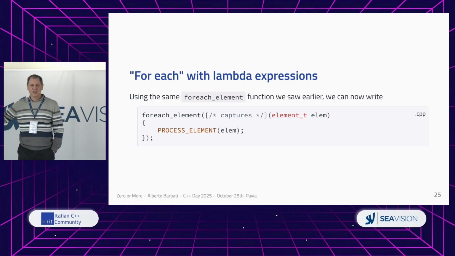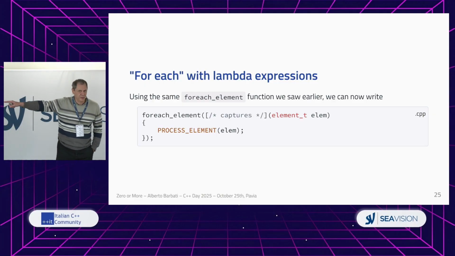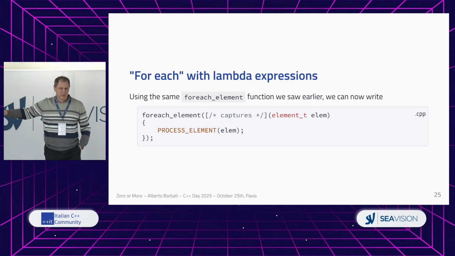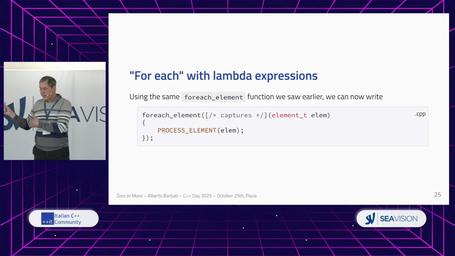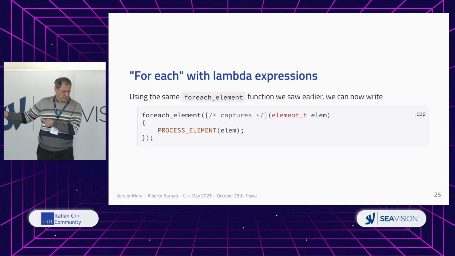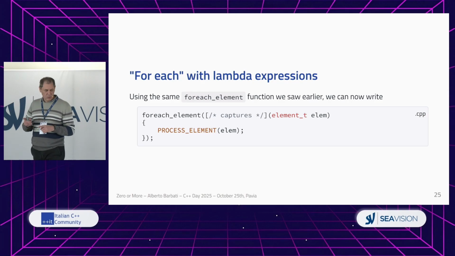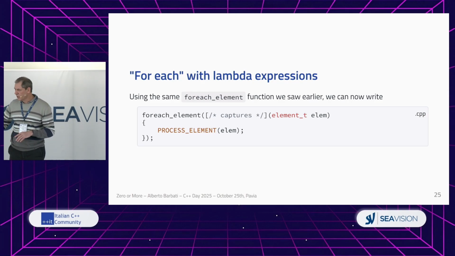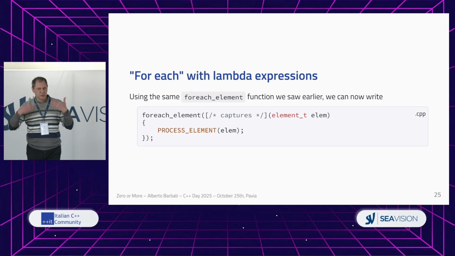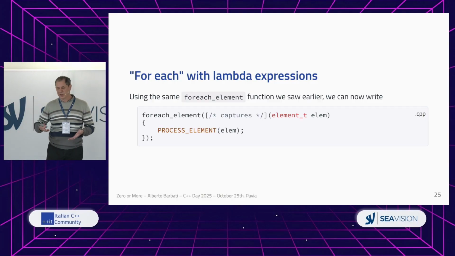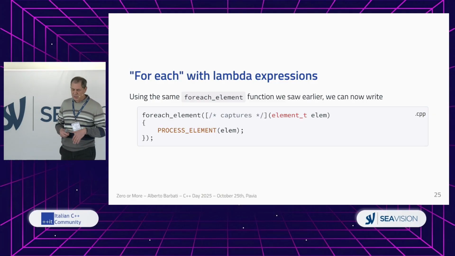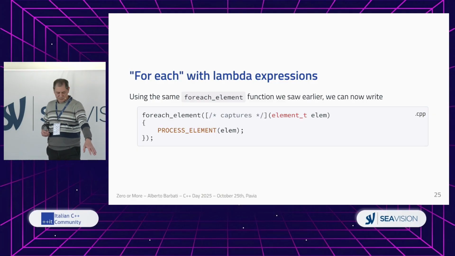Okay, lambda expression. Lambda expression works very nicely with the for each approach. And why is that so? The definition of for each element is exactly the same as before, but now with lambda expression, I can put the code right there. I don't have to create a different structure with the call operator, you just put the expression there.